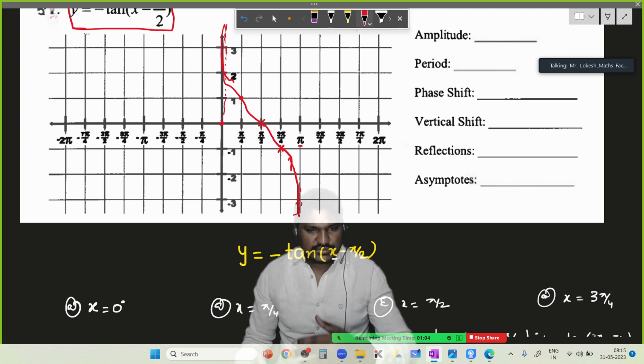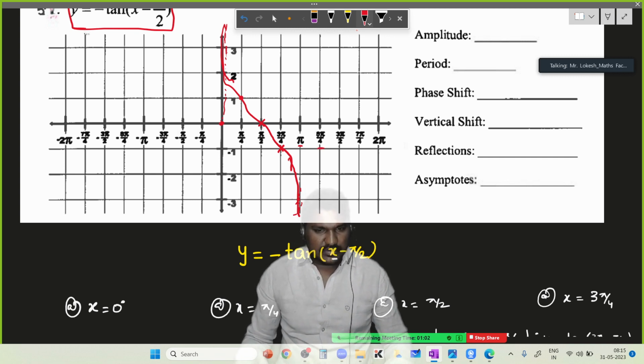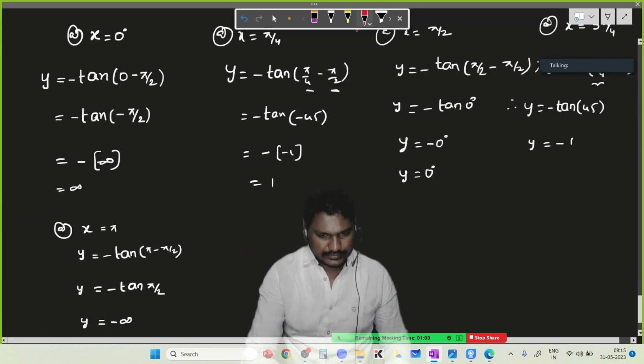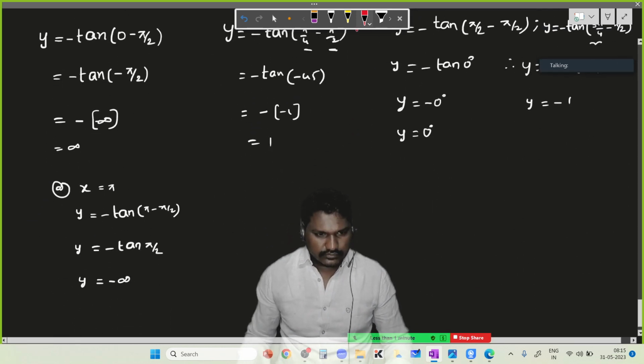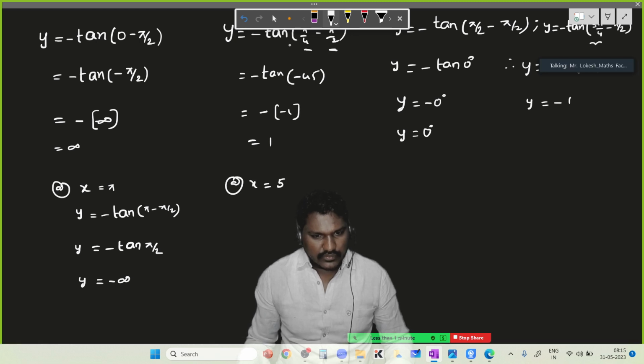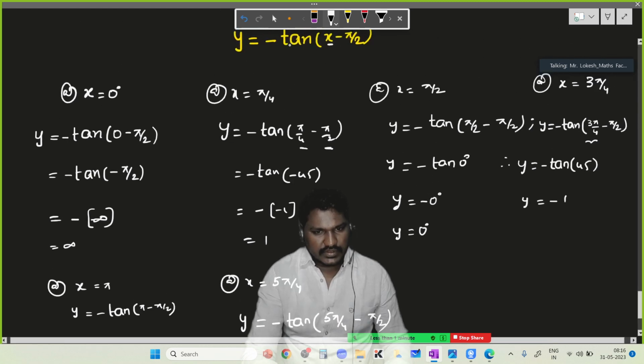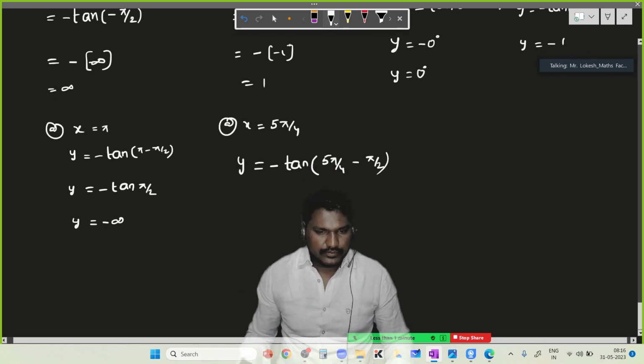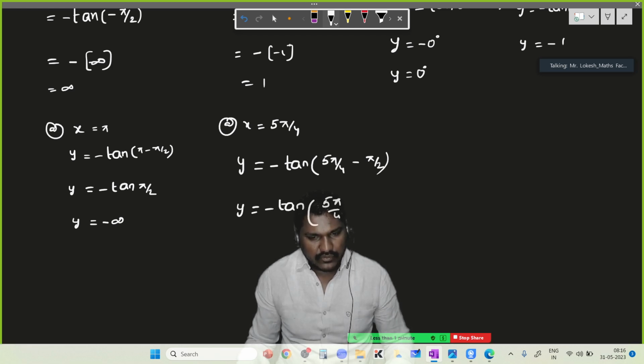So now again we have to start from 5 pi by 4. At x is equal to 5 pi by 4, we'll substitute here. So y is equal to minus tan of 5 pi by 4 minus pi by 2.